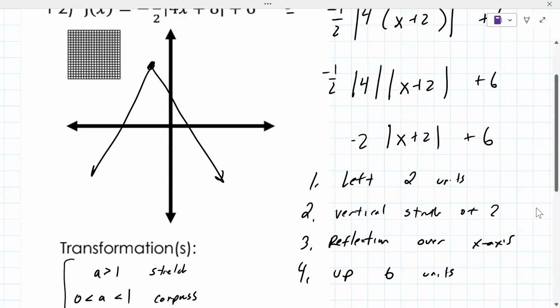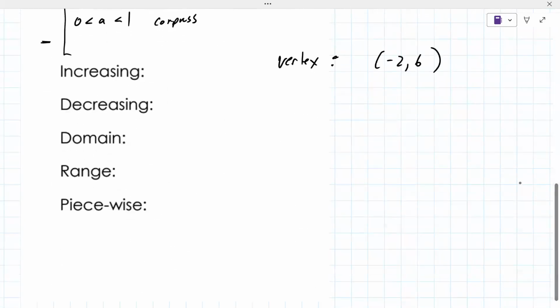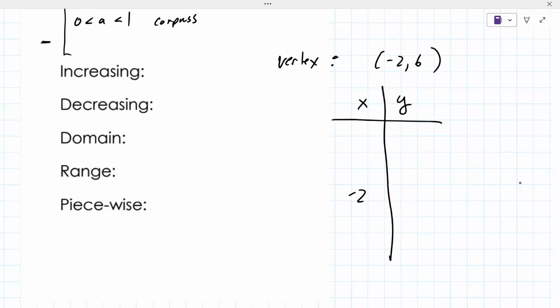Now, if you did want to make a table, which you probably should do, that point goes right in the middle of your table, the vertex. Then you go 2 smaller and 2 larger. This would be -2, 6, -4. Got it.